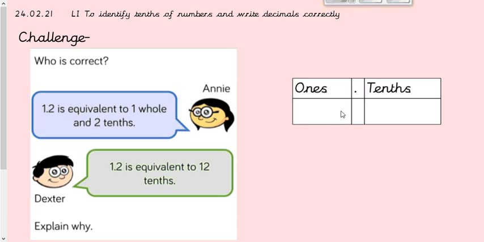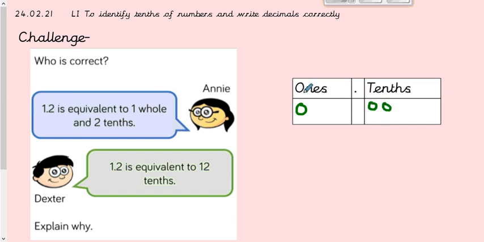I've just drawn a place value grid with ones and tenths because that's all we're looking at at the moment. Annie says 1.2 is equivalent to 1 whole and 2 tenths. So I'm going to put counters in to show 1.2 first. In the number 1.2, we have 1, so I'm going to draw 1 counter here, and we have 2 tenths, so 1, 2.